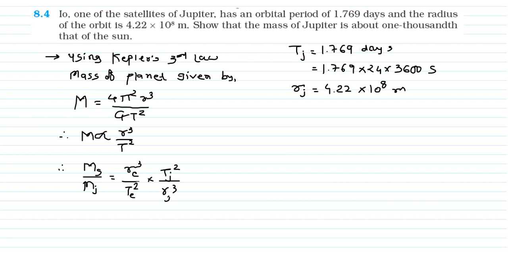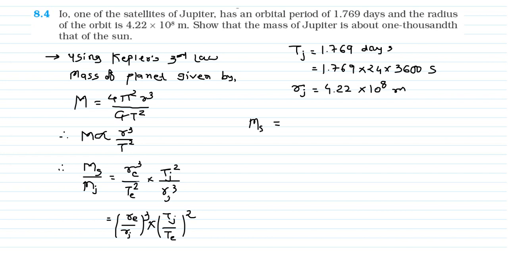That is, Re upon Rj whole cube into Tj upon Te whole square, that is equal to Ms upon Mj.